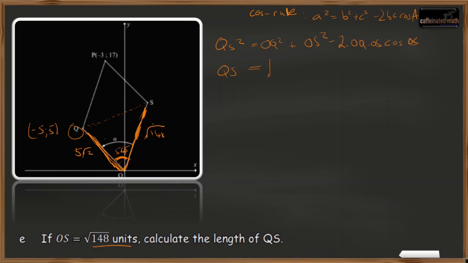So QS will be equal to the square root of, well, 5 times the square root of 2 all squared plus the square root of 148, again all squared, minus 2 times 5 times the square root of 2 times the square root of 148 times cosine of 54.5 degrees. Make sure to complete that radical, and if done correctly, you should end up with 9.9.